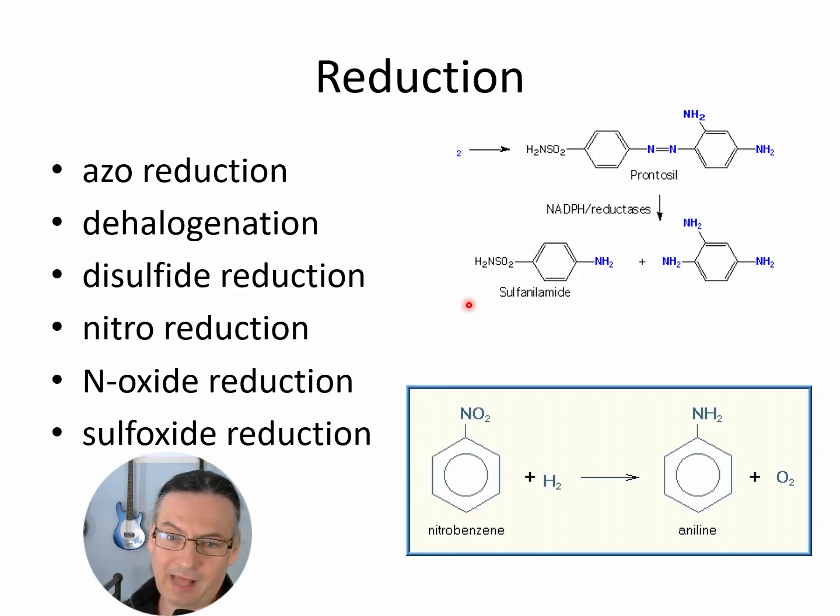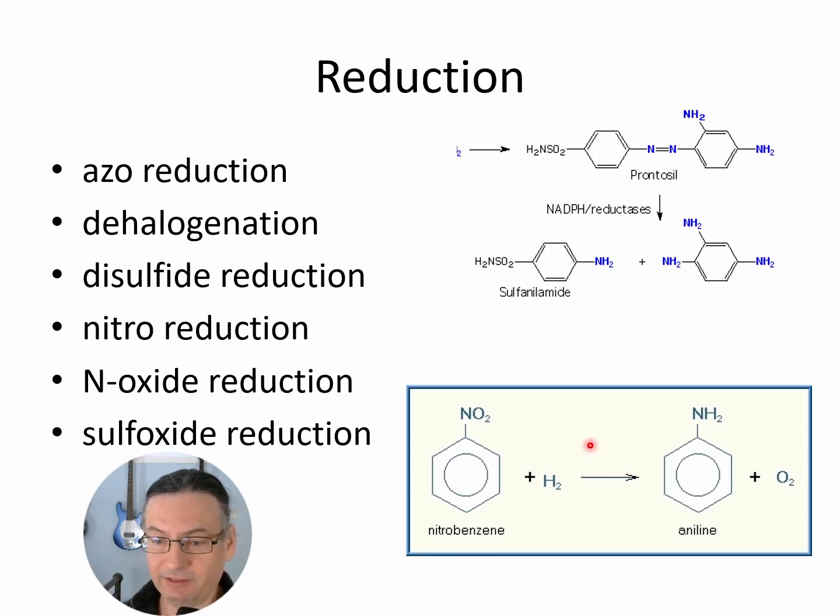So that's a classic reduction. We can also do other changes. For example, nitrobenzene is relatively toxic and can disrupt cellular structure. Well, we can reduce it, and just by changing it from an NO2 to an NH2, we turn it into aniline, which is a non-toxic compound.